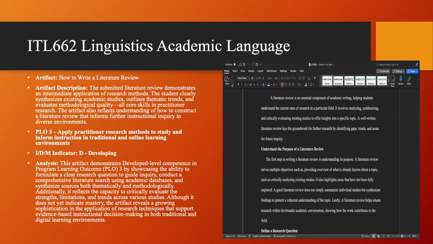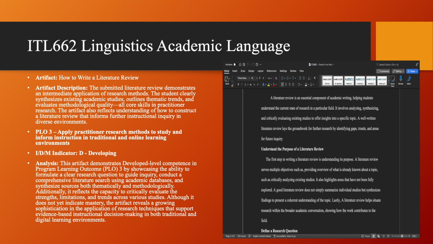My analysis is that this artifact demonstrates developed level competence in program learning outcome 3 by showing the ability to formulate a clear research question to guide inquiry, conduct a comprehensive literature search using academic databases, and synthesize sources, both thematically and methodologically.